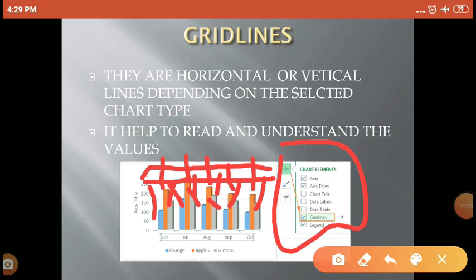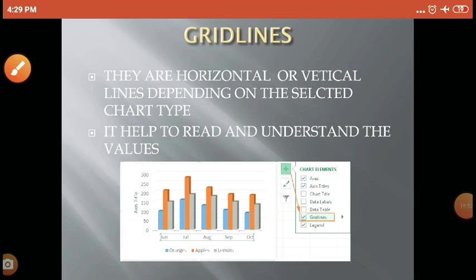Where the plotting is done, that is called your grid lines. With the help of this we can understand exactly about data and plottings. If we have a different kind of chart, it will change. If you are having a pie chart, then it will be divided like this. Donut chart, line chart, that we will cover in our next session or class.